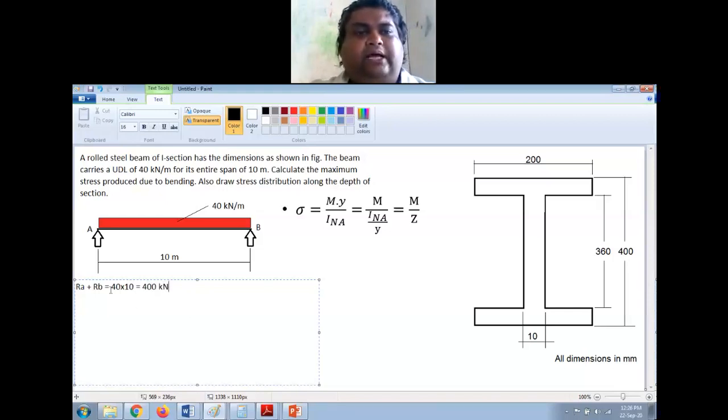So RA plus RB will be 400 kilonewton. Since there are no other forces, I can directly say this. I don't have to take the moment also. RA will be equal to RB and that will be equal to 400 by 2, which is 200 kilonewton, right? So I have found the reactions.